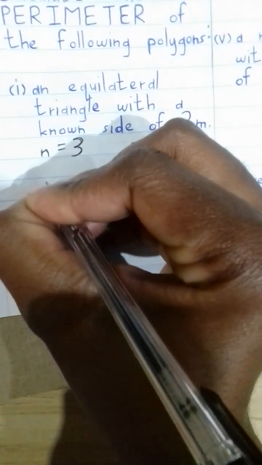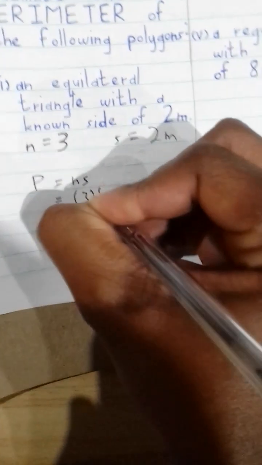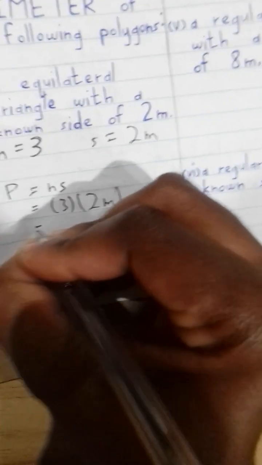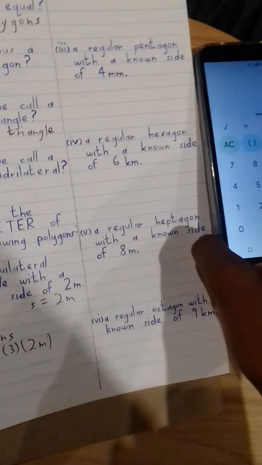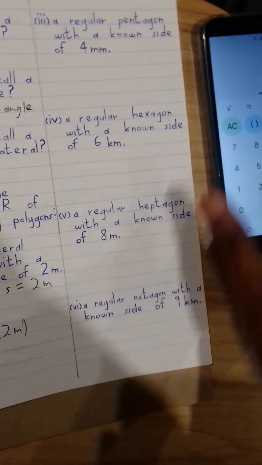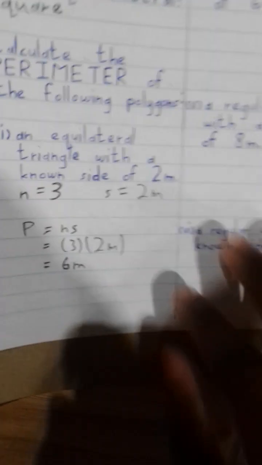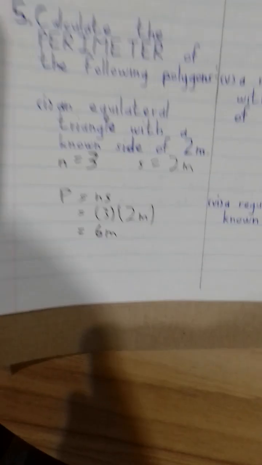So remember, perimeter is n times s, which is 3 times 2 meters. 3 times 2 is 6. So the perimeter is 6 meters. Okay, I hope that is clear.